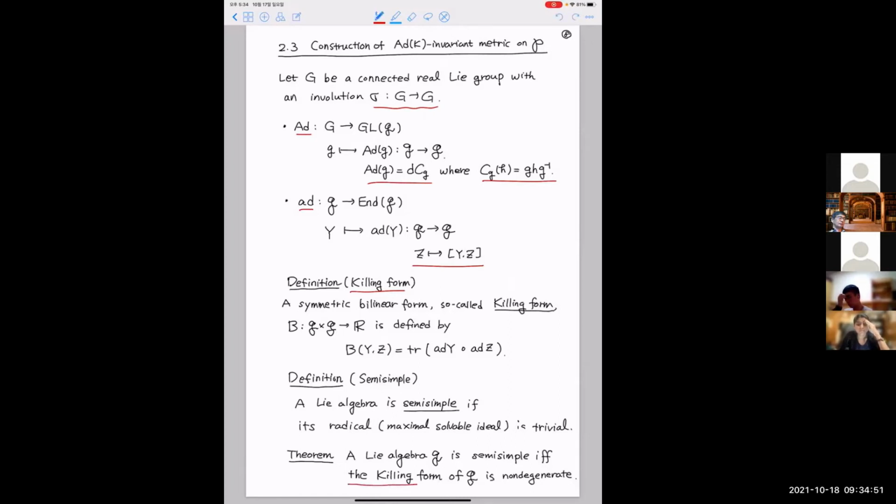Sometimes people use this to define the semi-simple real algebra. Anyway, if you have a semi-simple real algebra, then you have a non-degenerate symmetric bilinear form, the so-called Killing form.